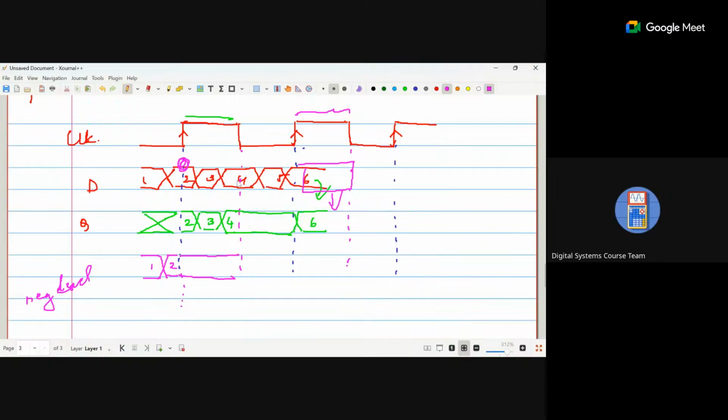Then at this point it is 4. Again here it will start with 4, then it will be 5, and then 6 starts before the positive, and this 6 will continue till the next negative trigger. Okay, so this is how your latch performs.